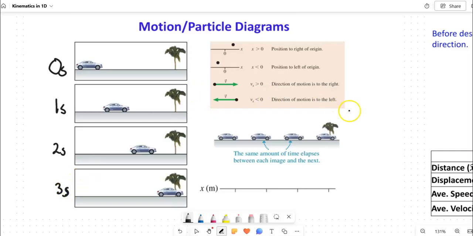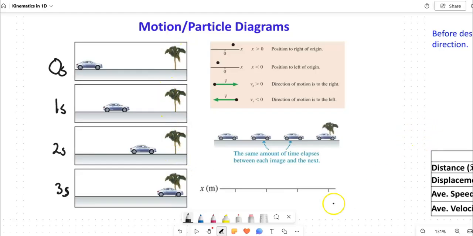Okay? Now, we need to establish a 0 line. Now, you could put the 0 right back here. But I like to pick something that is static, that's not really changing, across all 4 of these pictures, across the total of 3 seconds. We have a palm tree.